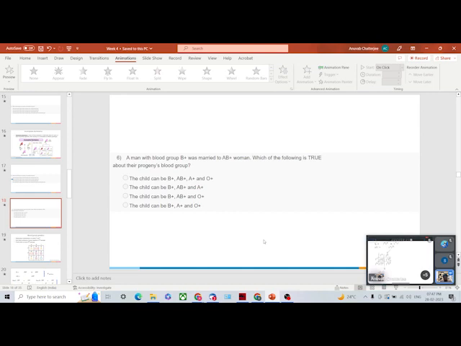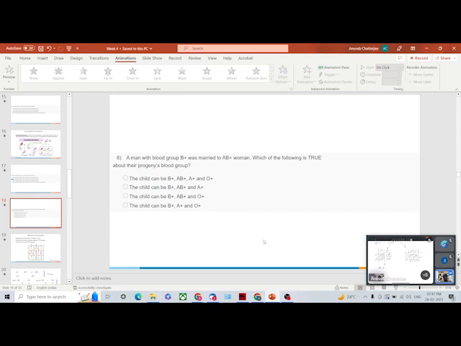Similarly, from this particular Punnett square, if we draw, we will get IA, IB, IA, IO in this case as well, IB, IB, IB, IO.